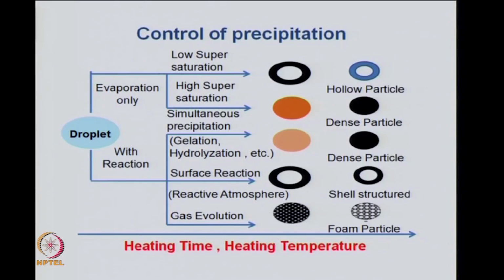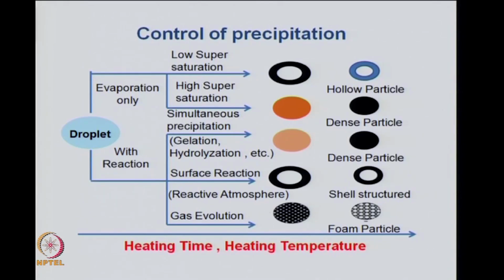Now, how do you control the precipitation? So, you have the droplet, you can make the droplet go to the particle either via evaporation route, that means just remove the solvent, or you can do this by some reaction occurring on the surface, etc. So, if you look at the two different processes, the evaporation process can again be broken down into two parts.